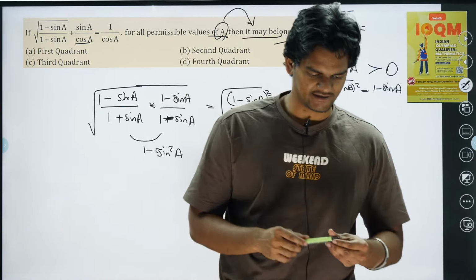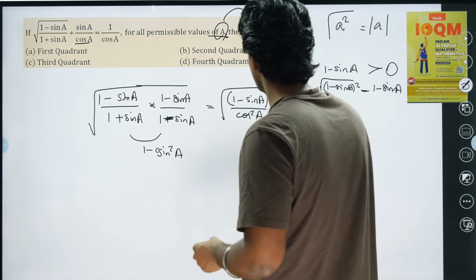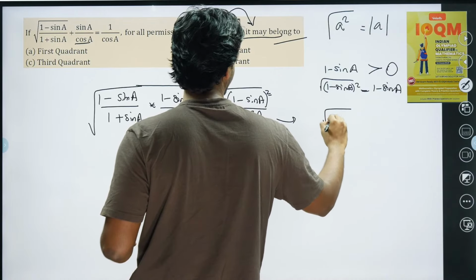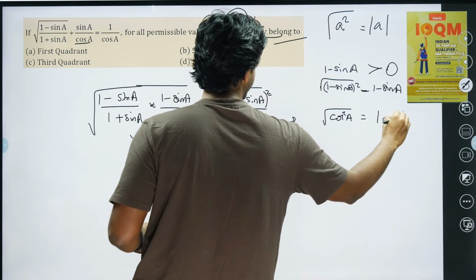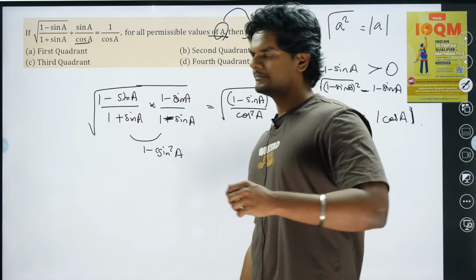Yes, Vipul, correct. So it is mod A. So the denominator here becomes the square root of cos square A, which is mod cos A, because we know cos A can be negative.